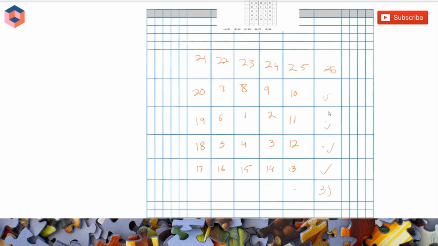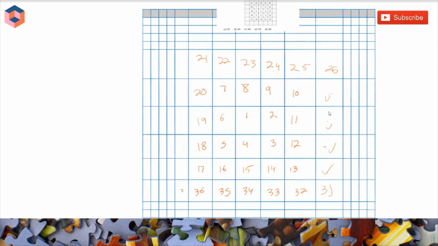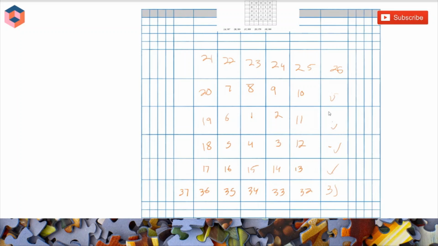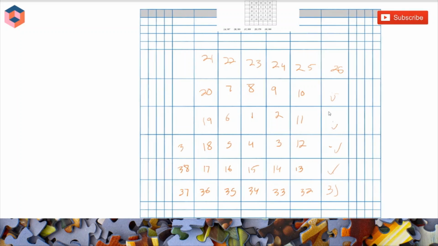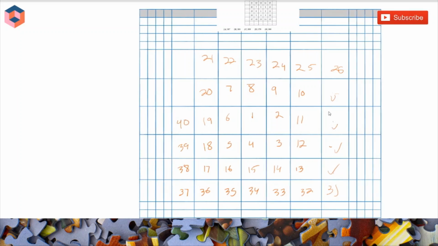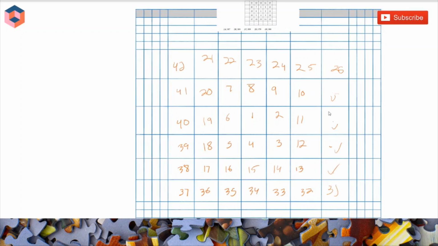This would be 32, and going all the way to the end, we get 33, 34, 35, 36, 37, 38, 39, 40, 41, 42, 43.